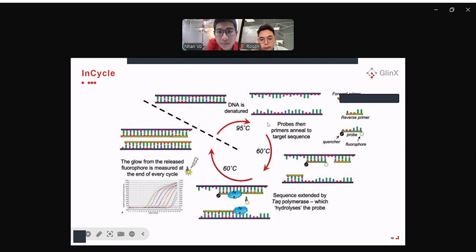Then we still use 60 degrees to finish the extension because of the Taq polymerase. Why is it called the polymerase chain reaction? Because we use the polymerase to extend the target sequence and hydrolyze the probe.